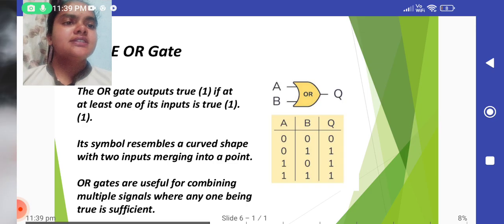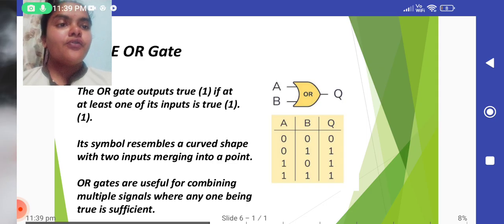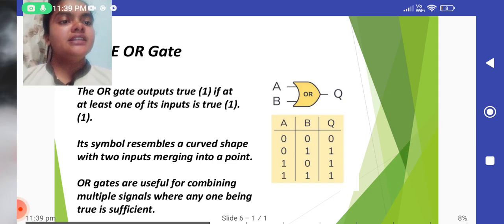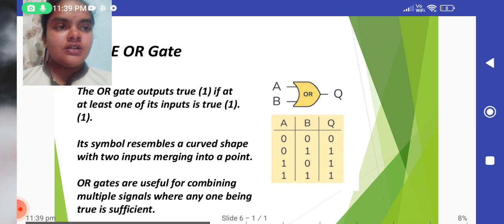In the truth table of the OR gate, if the two inputs are 0 0, the output is 0. If one input is 0 and the other input is 1, the output is 1.